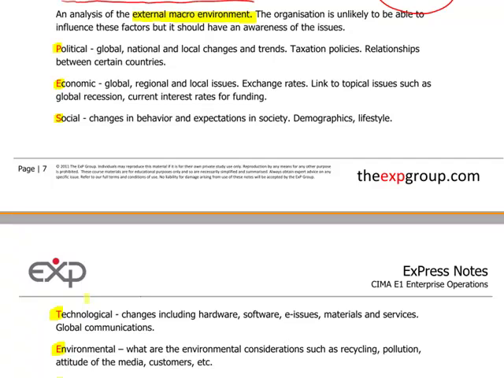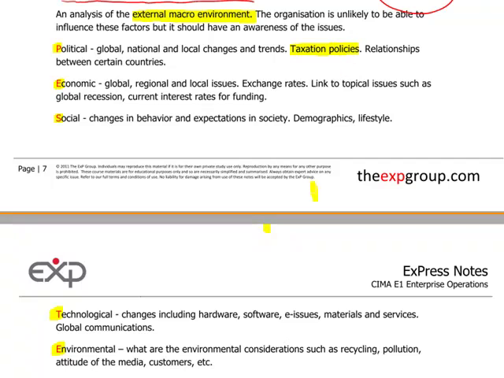For example, under the political heading, this could be global, national and local changes. So global could be regional, say the EU political view. National could be at the country level, and local could be at the regional level within a particular country. Things that could impact on the environment and hence impact on an organization could be taxation policies, for example.